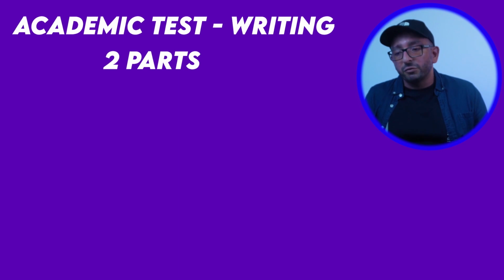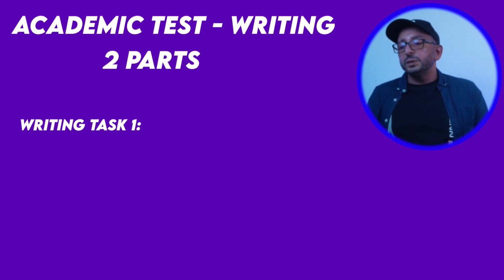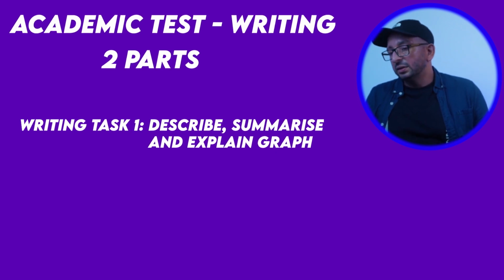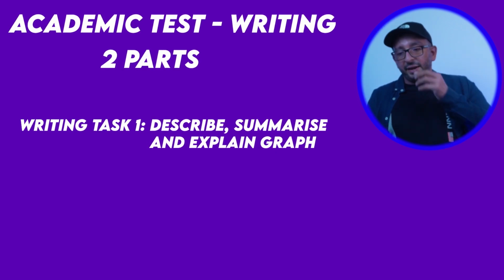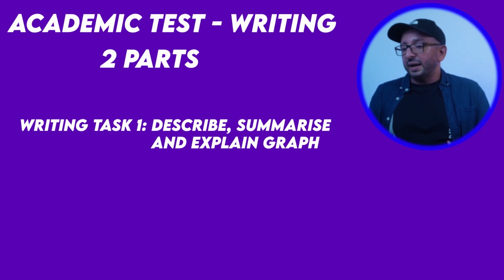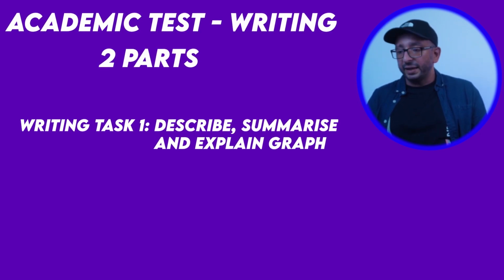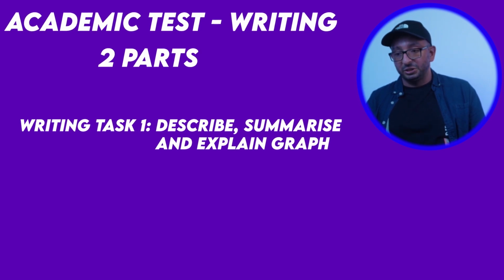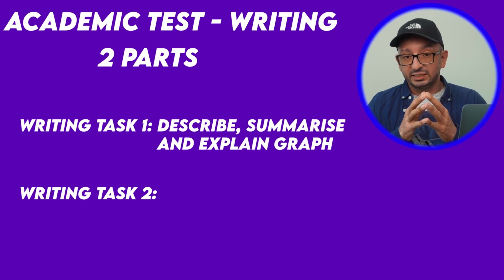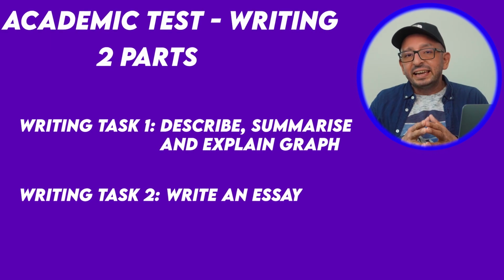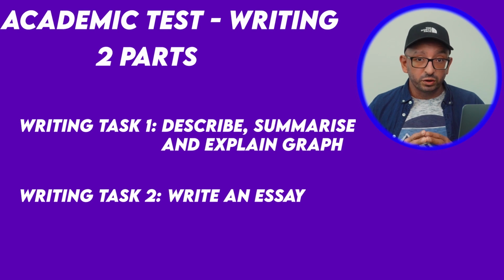And for writing task 1, you'll be shown a picture of either a graph, a table, a chart, or a diagram. And then you'll be asked to describe, summarize, and explain the information in this image. And for writing task 2, you'll be required to write an essay of at least 250 words.